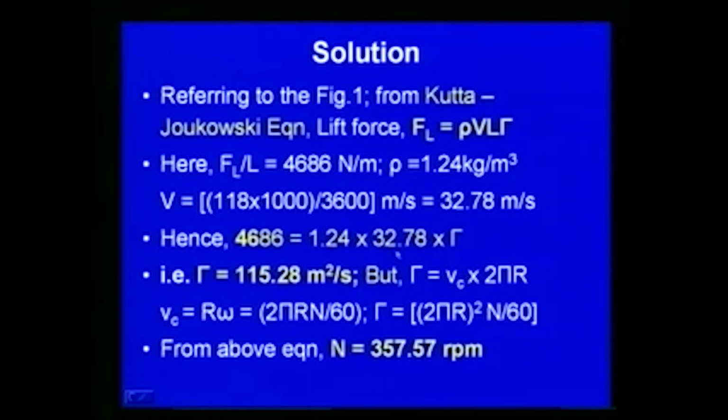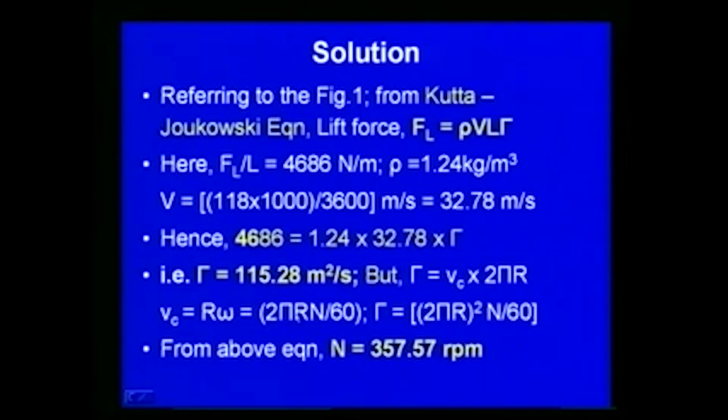But also we can see that in the case of a circular cylinder like this, gamma is equal to the velocity on the periphery Vc into 2 pi r. And also Vc is equal to r omega, where omega is the angular velocity.